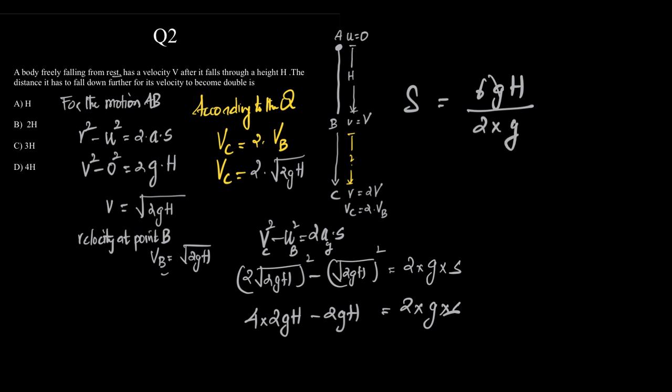So g and g will get cancelled off. 6 by 2 is 3. So we get s is equal to 3h. Among the given options, option C is the correct option.